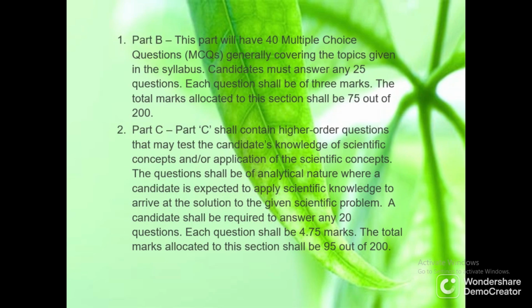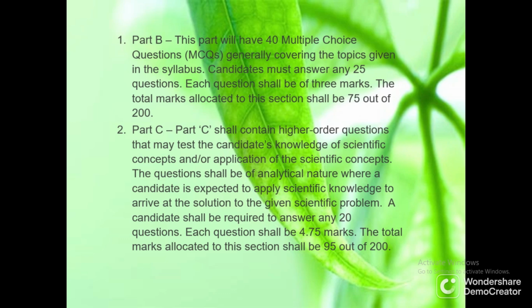Part B is conceptual questions from the subject. There are 40 multiple choice questions in this part, and the candidate must answer any 25. Each question is 3 marks. The total marks allocated to this section is 75 out of 200.